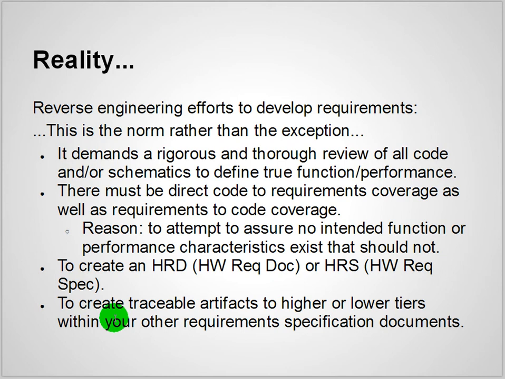Within DOORS, we were able to trace between the tiers so that you could tell what was derived and what was allocated as far as requirements. So you have derived requirements, allocated requirements, and if they're derived, you have derived justification. In other words, you speak to the technical reasoning as to why some particular design function exists. Why does that need to exist at the FPGA level? Why was that decision made to include that counter or whatever? These are the details. I'll get into more of those details later on in the series.